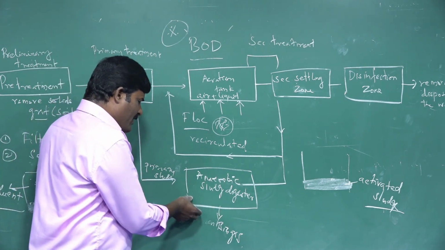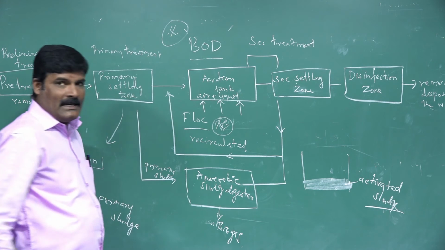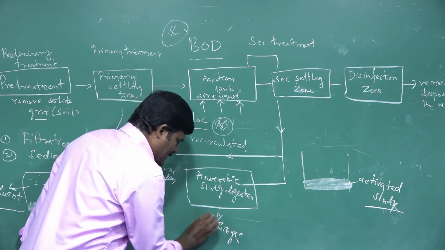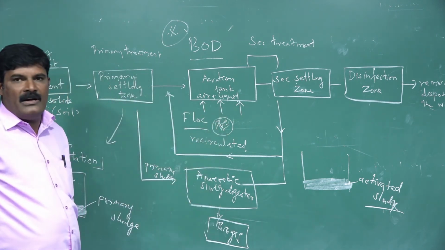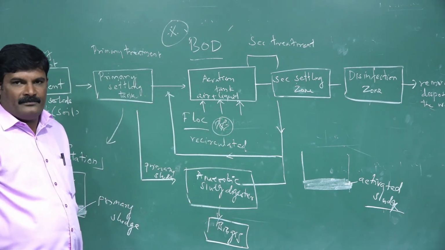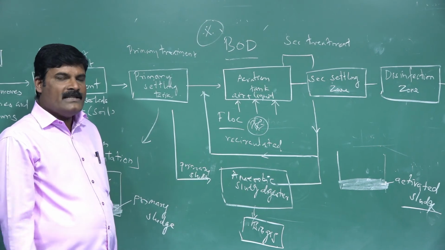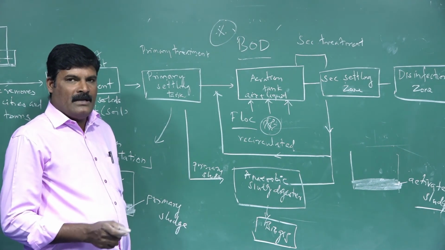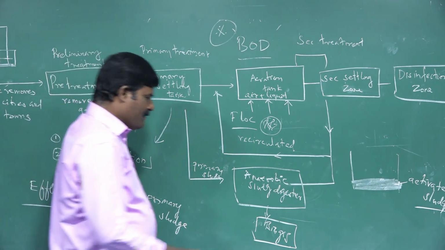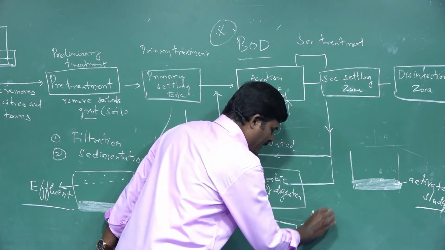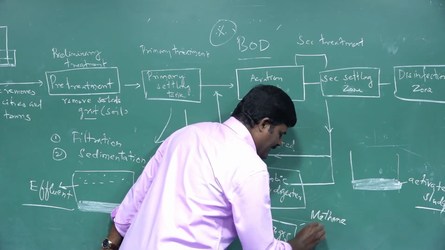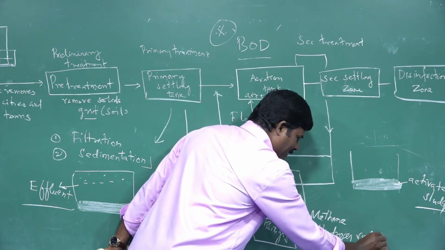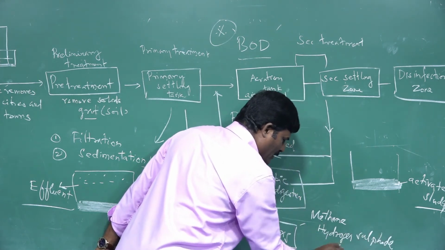During the digestion of the waste in the anaerobic digester, bacteria produce a mixture of gases. These gases are called biogas. What is biogas? It is mainly produced by microbes, essentially bacteria. The biogas consists of methane, hydrogen sulfide, and carbon dioxide.